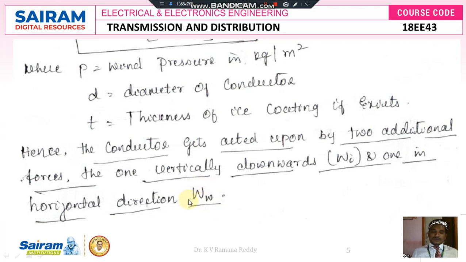That means one force is because of the weight of ice on the conductor, Wi, which acts vertically downward, and one in the horizontal direction, that is W suffix W. The other force is the wind force, which acts in the horizontal direction to the conductor. Therefore the wind force and conductor are perpendicular to each other, and the weight of ice on the conductor acts vertically in the downward direction.